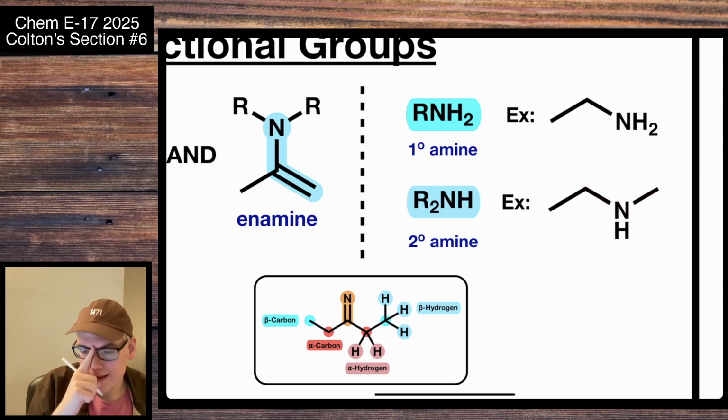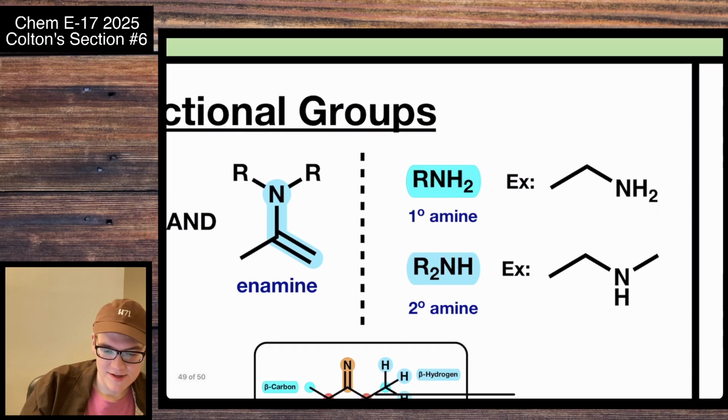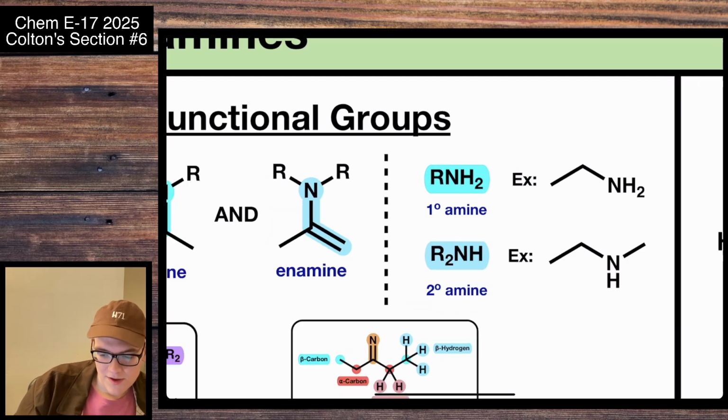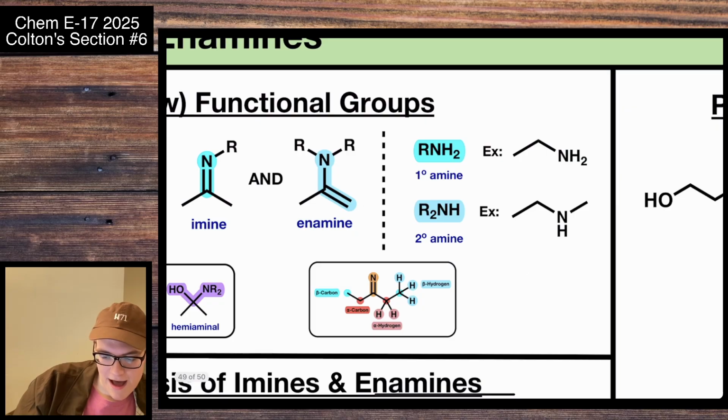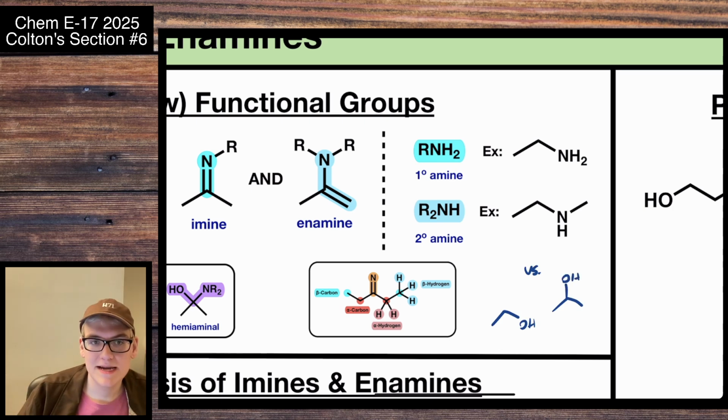I want to really quickly contrast this to alcohols. When you talked about classifying alcohols, they are only ever attached to one carbon, right? We're never really going to have an alcohol attached to two carbons, then it would be like an ether. So here, we call these primary and secondary based on the carbon.